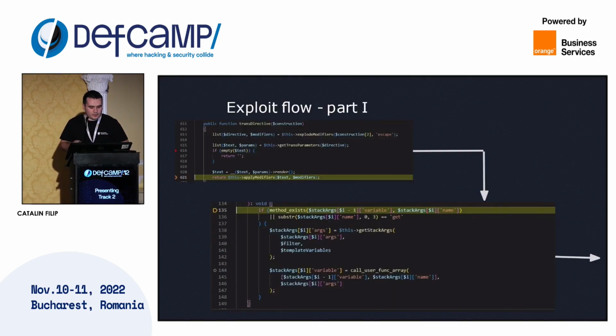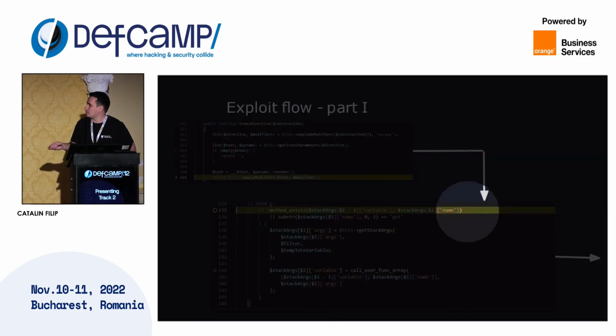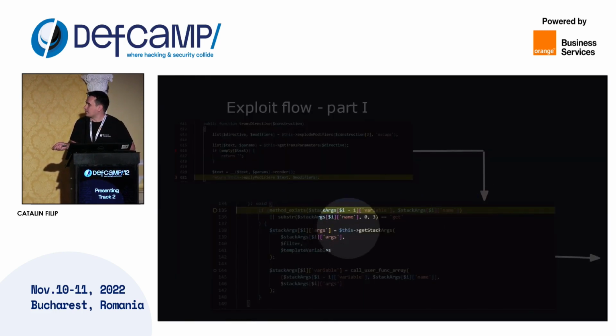This is the exploit flow. Practically after that trans directive part of code, we somehow end up in a sequence of code where Magento tries to resolve some variables, and also it tries to find out if a method exists on an object, and here it is that part.